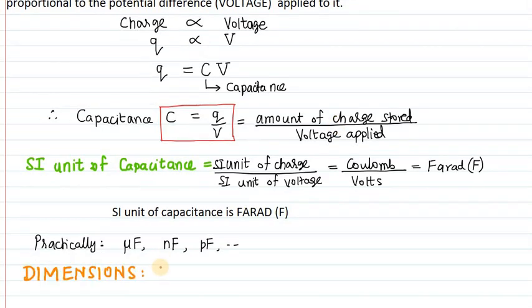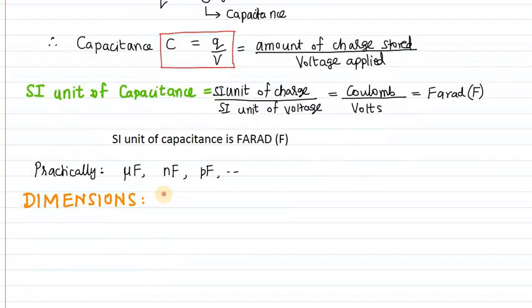Let us also discuss the dimensions of capacitance, which are written in terms of MLT. Capacitance C is defined as Q by V, charge upon voltage. Voltage is potential difference, and the potential difference is actually work done per unit charge.